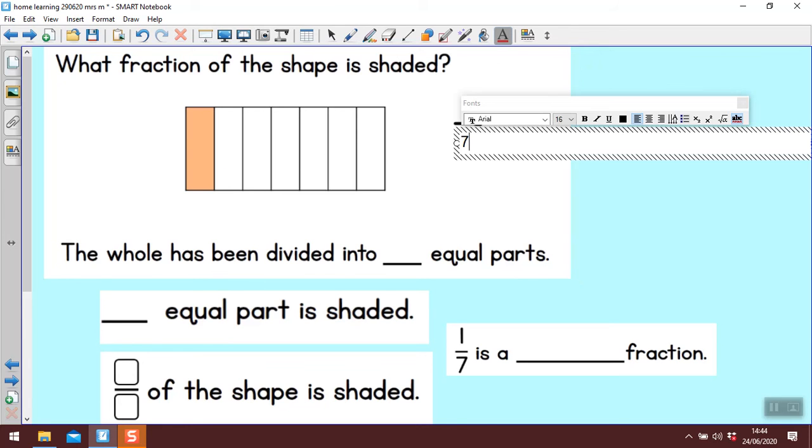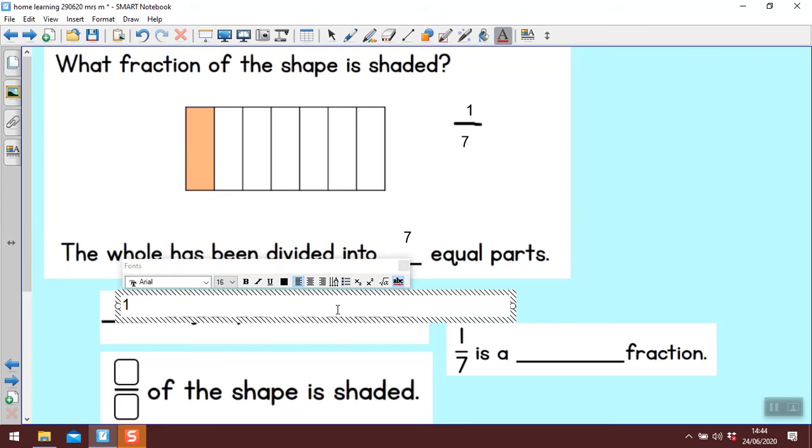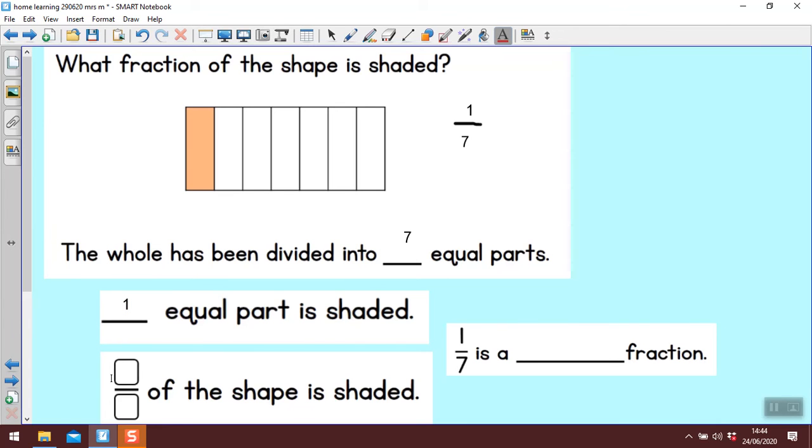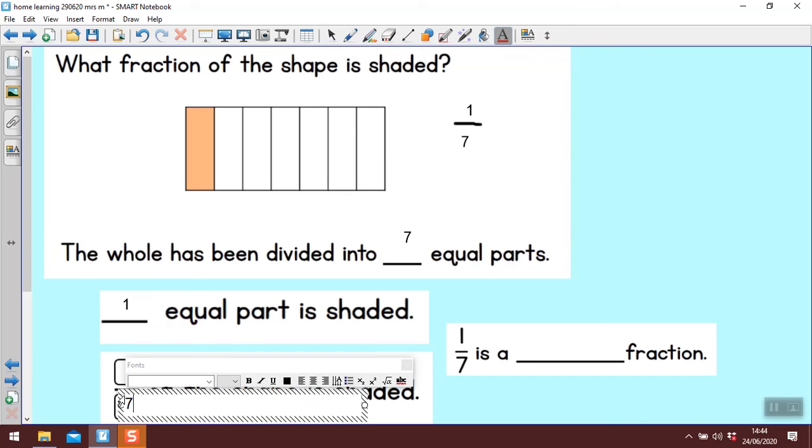So 1 out of 7 pieces are shaded. The whole has been divided into how many equal parts? And the key thing about fractions is when you're splitting them in parts, they have to be equal. So it's 7 equal parts. 1 equal part is shaded. So 1/7 of the shape is shaded.